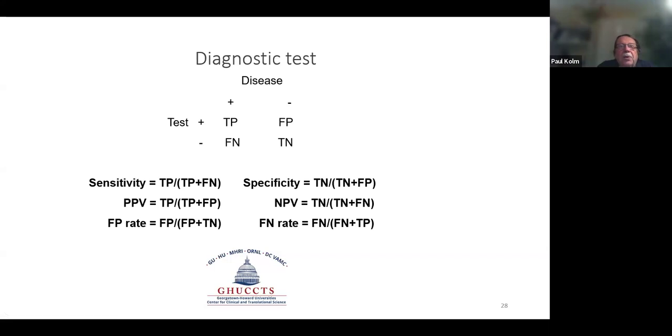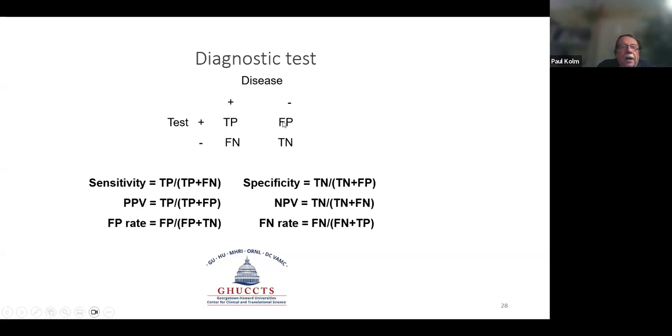And so the application is usually applied to diagnostic tests. And this is what, again, most clinicians or epidemiologists will be familiar with. So we have a test for a particular disease, and then we have whether the test is positive or negative, and then we have whether the disease is actually present or not present.